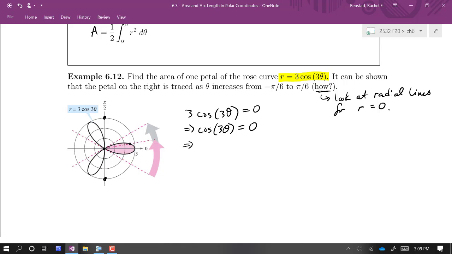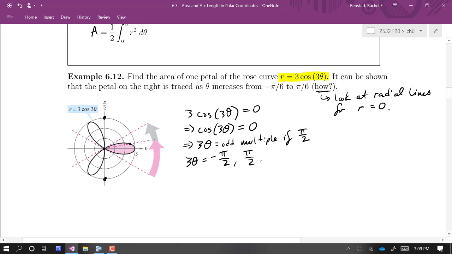So odd multiples of pi over 2. So 3 theta could be minus pi over 2, 3 pi over 2, 5 pi over 2, and so on.